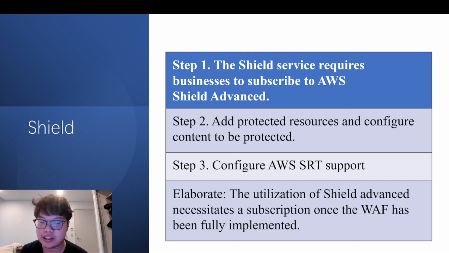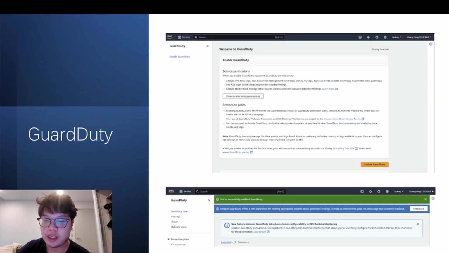Step 2 is add protected resources and configure content to be protected. Step 3 is configure AWS SRT support. So if you want Shield service, you need to finish the WAF first. Yeah, so this is Shield.